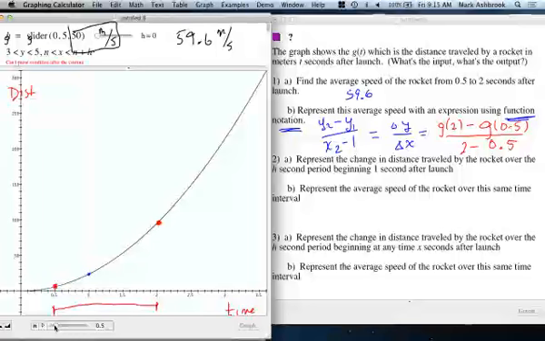You're all thinking it? Maybe I can do it. Like this, right? So this then would show what? It shows the constant speed that the rocket would have to travel to cover the same amount of distance in the same amount of time.